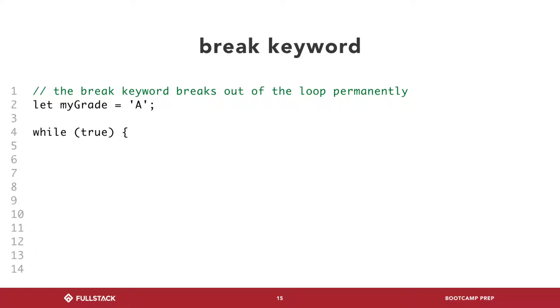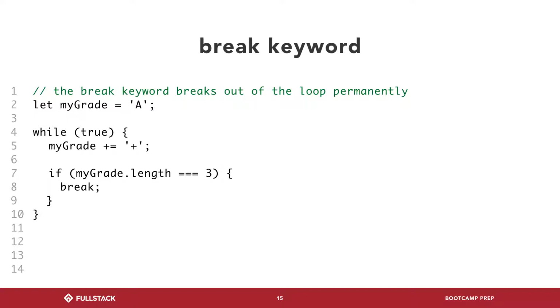So break is the corollary to continue, except rather than just skipping that instance and continuing on, it skips every subsequent instance as well. You can think of break as a way to exit the loop at that point.